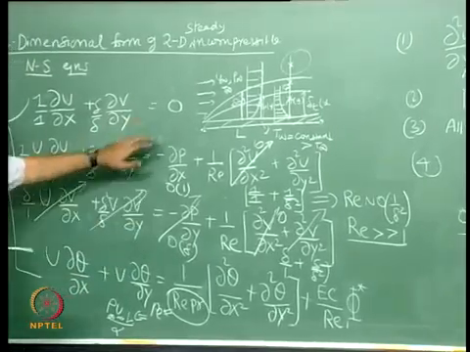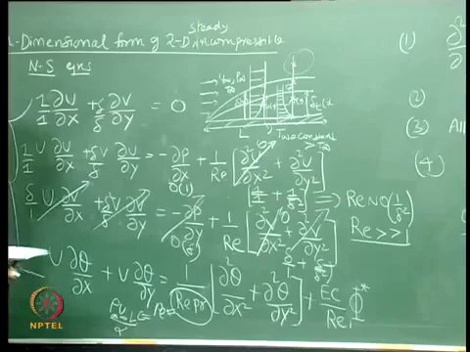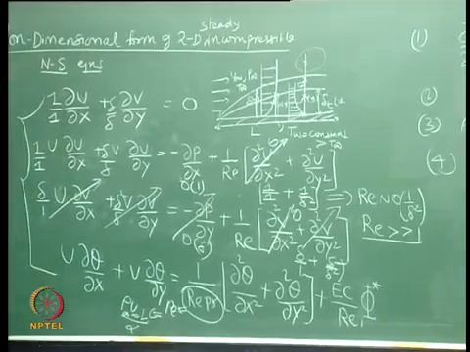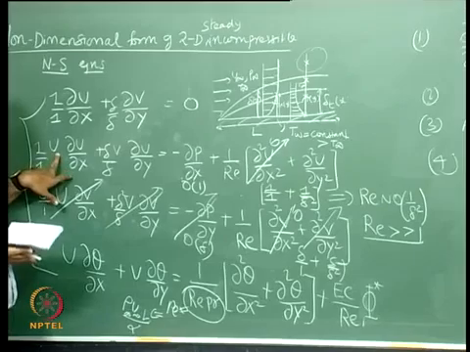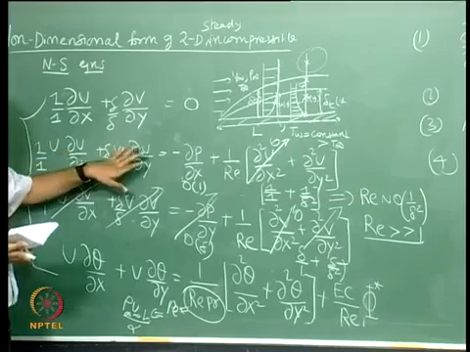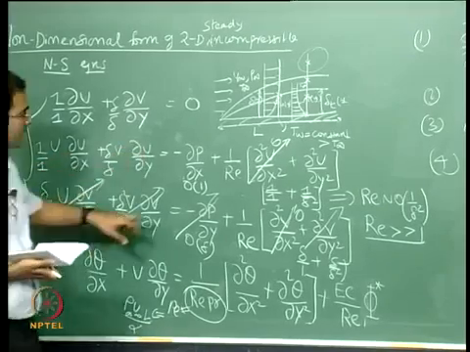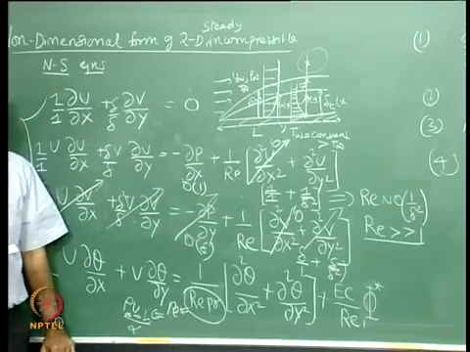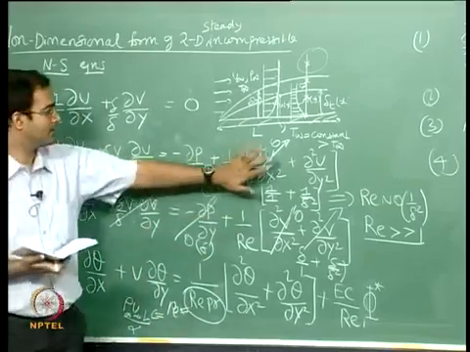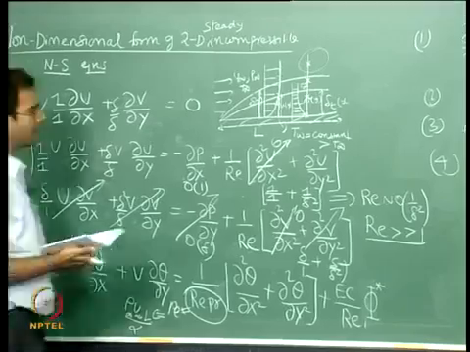No, we are assuming the flow is in the x direction. So now in the x momentum equation, you have only the u velocity, v velocity is not there, so this term is 0. And how about your viscous effects? It's negligible, and therefore you have only two terms.